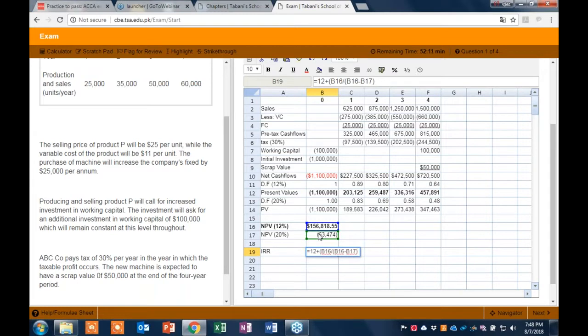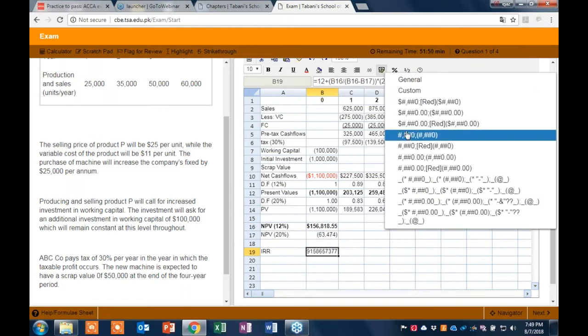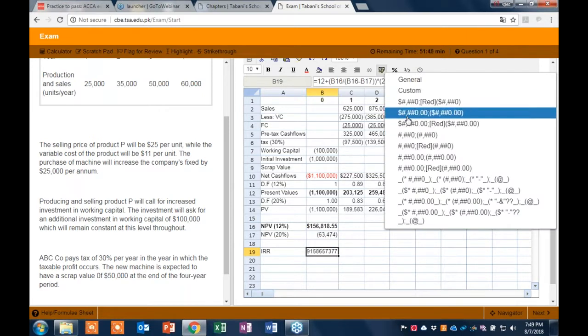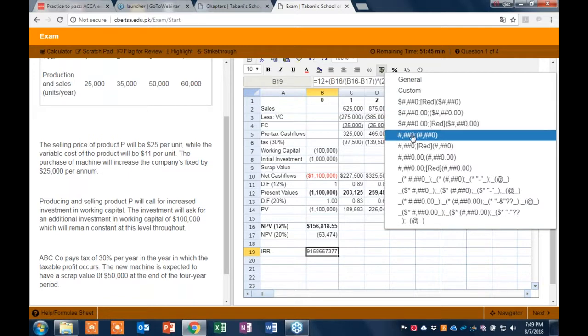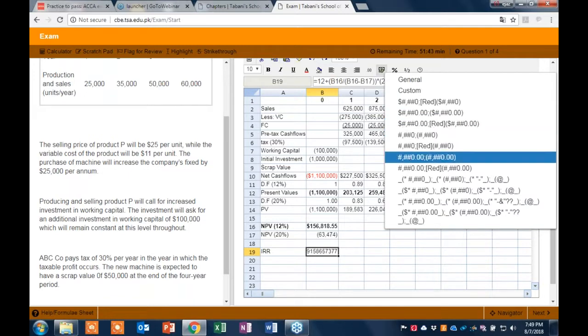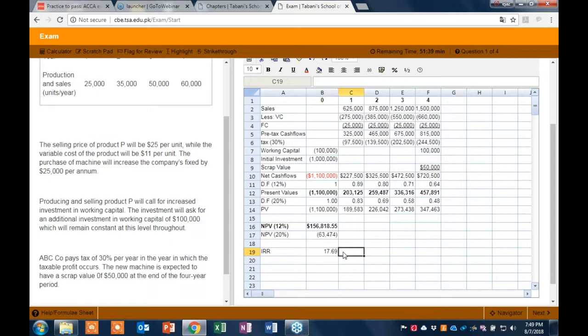I'll close the bracket, close the other bracket as well, and then it should be multiplied with the difference between the two rates, which is 20 minus 12. I'll enter it, and go to the format which gives us up to two decimal places. And here it is: 17.69%.